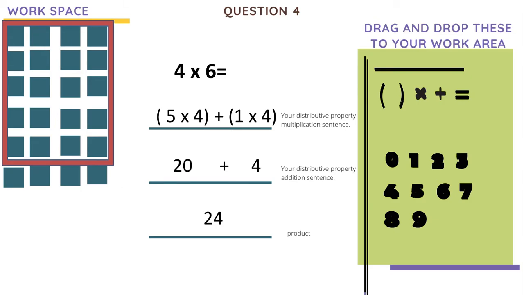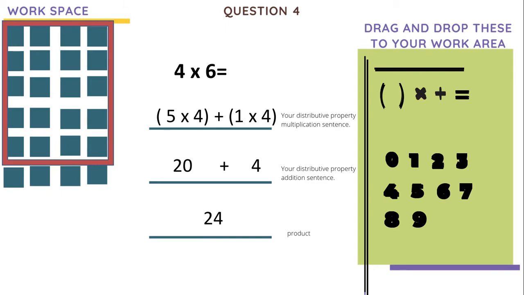And we shall continue. Here we have 4 times 6. I am going to break apart my 6. I'm choosing my 6 because 6 contains 2 of my favorite distributive numbers, which is 5 and 1. 5 plus 1 equals 6.